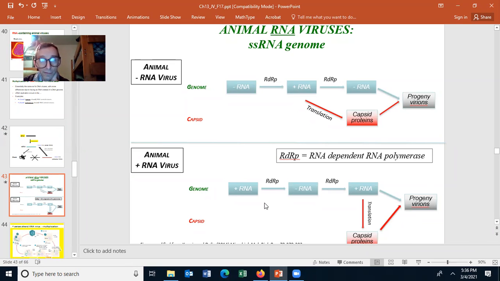So the positive strand, single-strand RNA virus makes a negative corollary strand RNA and then uses this as a template to make more positive single-strand RNA viral genomes. Of course, the positive strand can be used by the ribosome, so we can translate this strand to make the capsid proteins. And then the capsid proteins get together with the genome of the virus to make the new progeny virions. Any question about any of that?